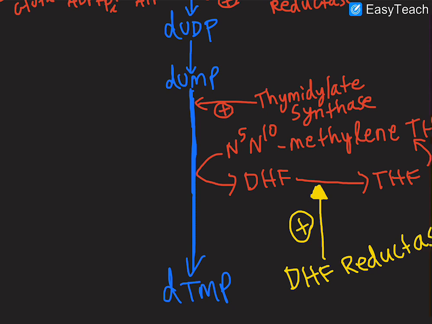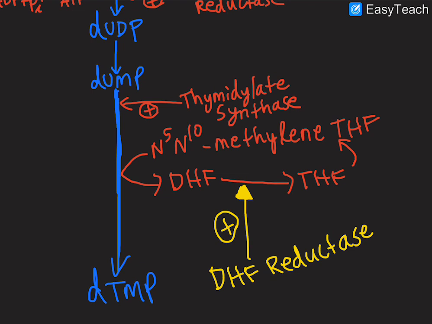But something else has to happen here. We take 5,10-methylene tetrahydrofolate, and that converts to dihydrofolate. Then dihydrofolate is converted to tetrahydrofolate with the help of an enzyme called dihydrofolate reductase.